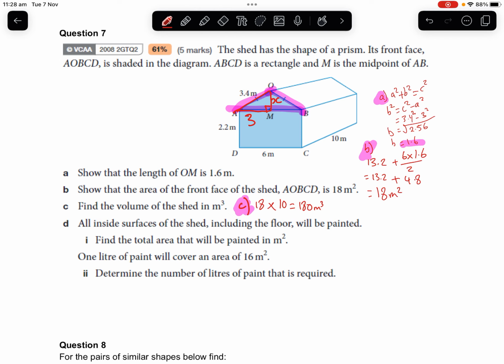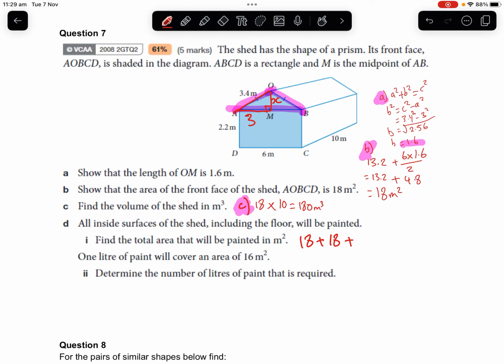We already know the area of the front side of the shed, and obviously there's a back side of the shed there as well, which we can't see, but it is there.